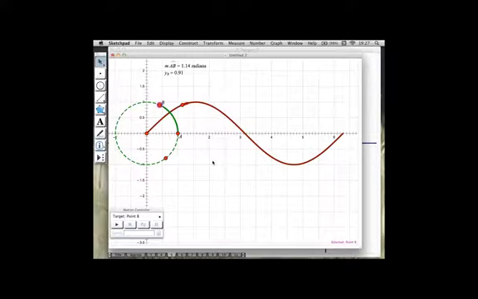So we have an actual construction now, and not just a trace of where the point happened to be. Okay, so that's the set of constructions from scratch that I had prepared.